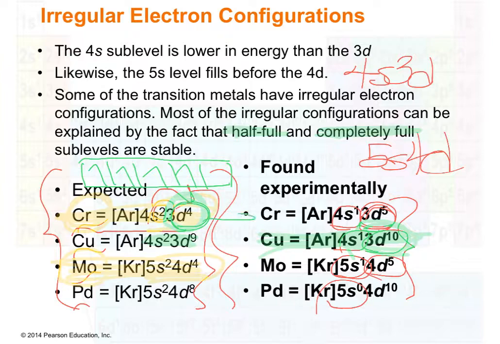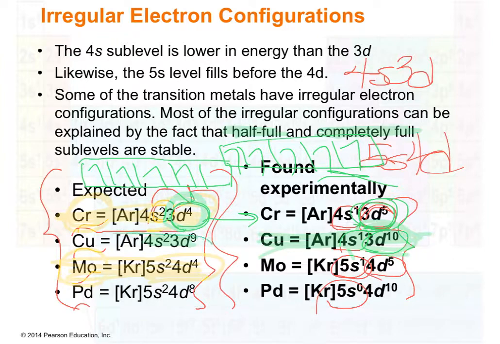But if you look at how that changes in the actual electron configuration, you have 5 electrons in the d. 1, 2, 3, 4, 5. And now you have exactly a half full sublevel, and that is exceptionally stable.